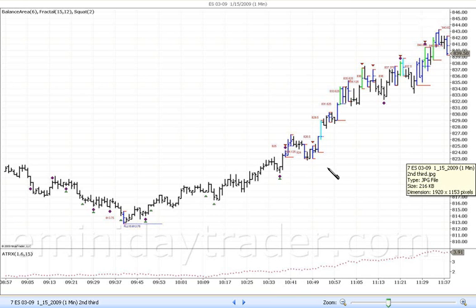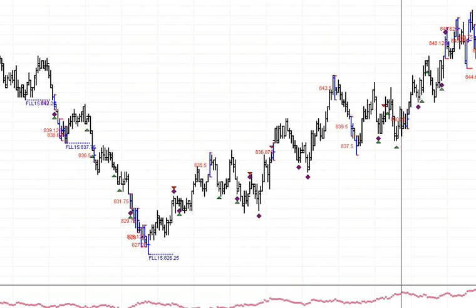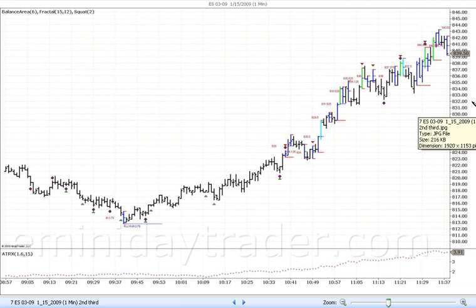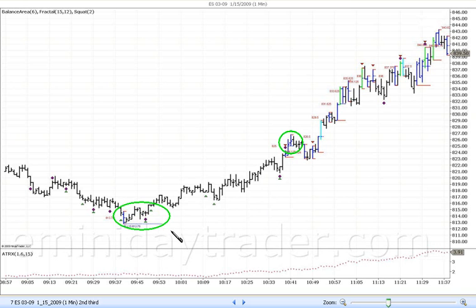And as you can see right here, what ended up happening was that the market did rally higher, and in this area right in here, it actually paused for a bit and gave us an opportunity to get short, but we also knew it was at a critical juncture because of some of the action from down below.